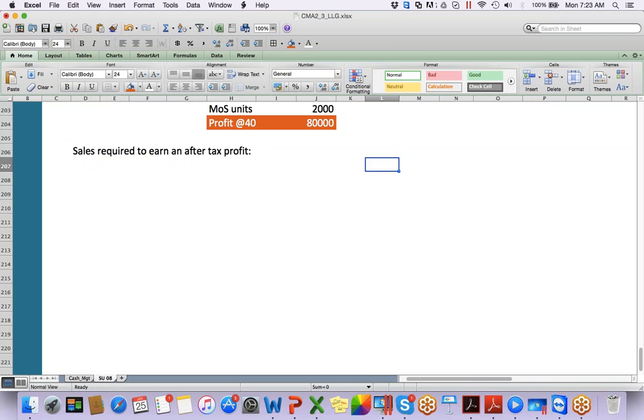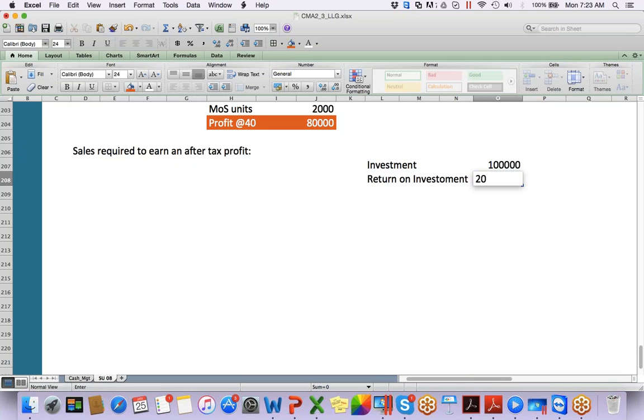First of all, if our investment is say 100,000 and I want a return on investment of say 20% after tax. Okay, after tax. And you have to look for the tax percentage.